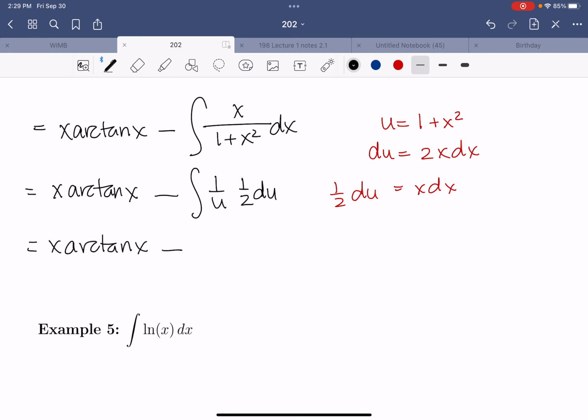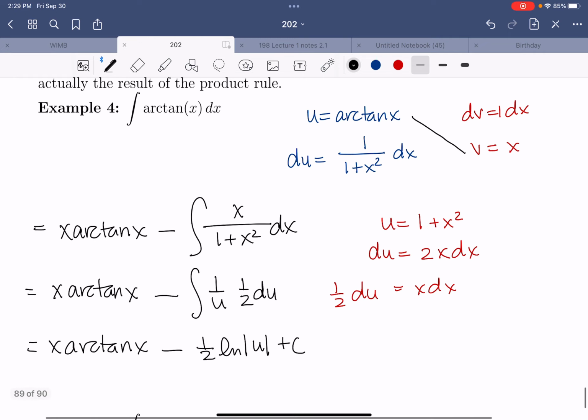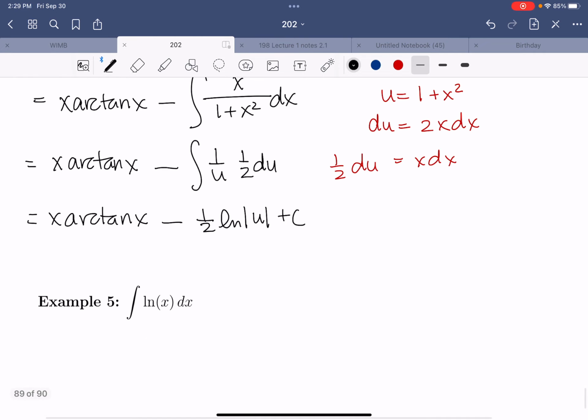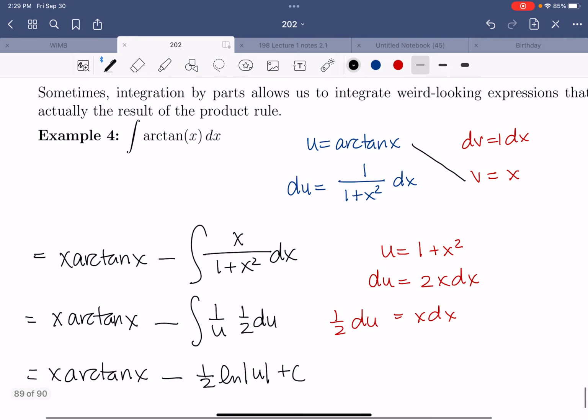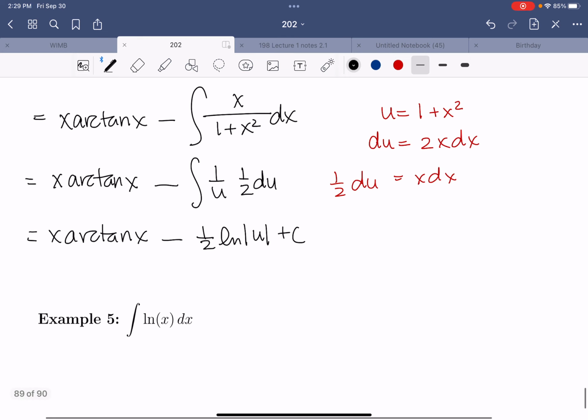Okay, antiderivative of 1 over u is ln. So this is the natural log of u, so 1/2 the natural log absolute value of u plus a constant. This is indefinite, so we get the plus c. And then lastly, I've got to plug in that u. Now, don't confuse the u from by parts with the u for substitution. If you need a different letter, make a substitution for r or s or something of that nature.